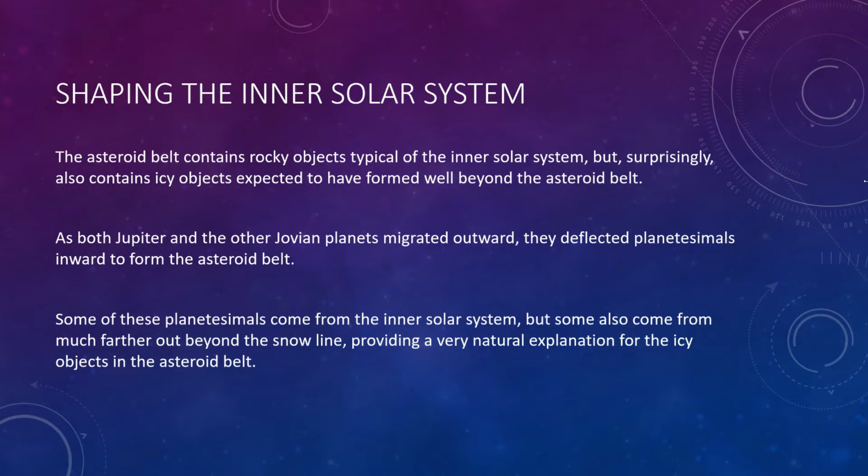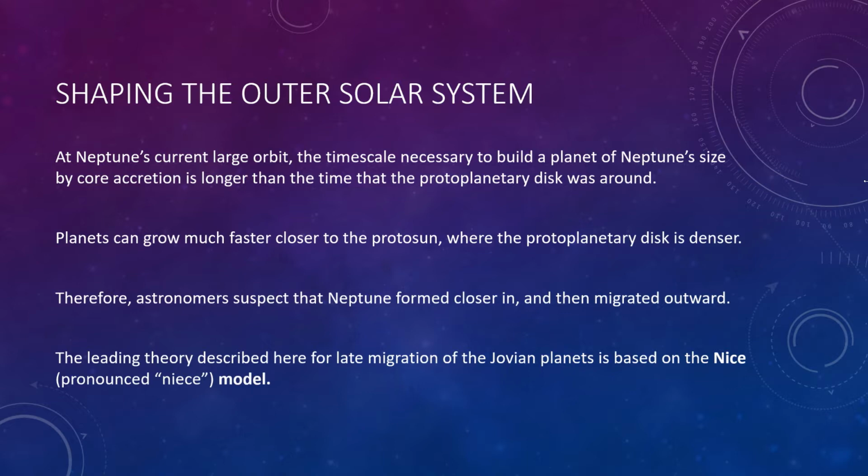This early migration, along with the Jovian planet formation, was over within the solar system's first few million years or so. Another type of migration occurred over the next few 100 million years and reshaped the outer solar system. Astronomers have long suspected that some planetary migration must have taken place in the outer solar system. To see why, consider Neptune.